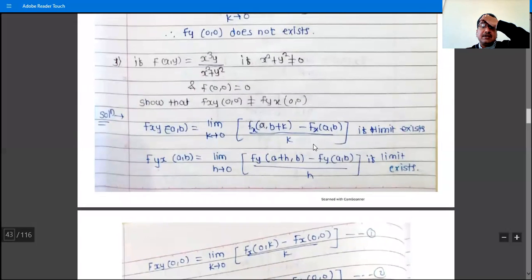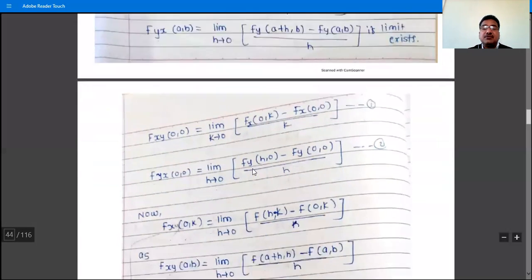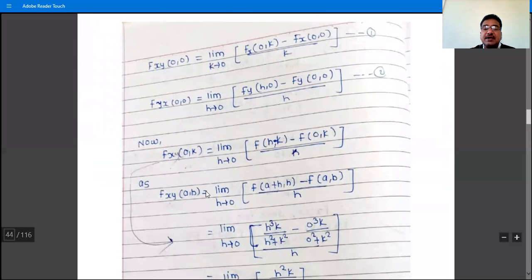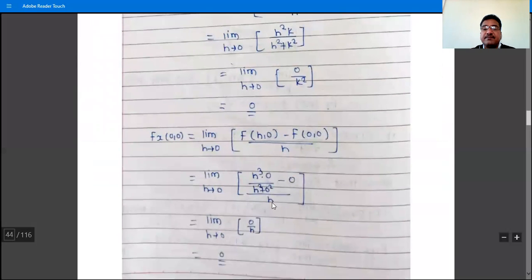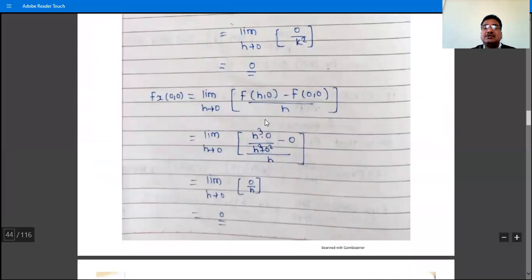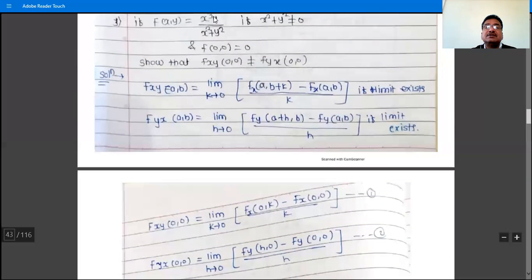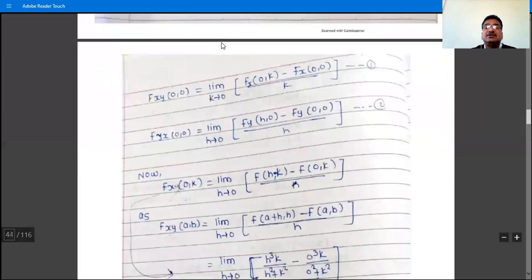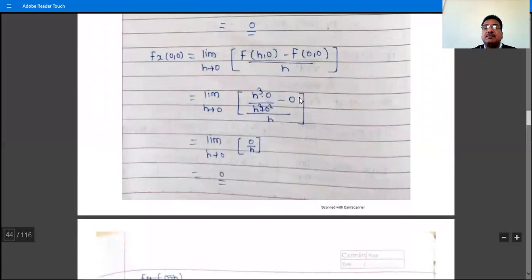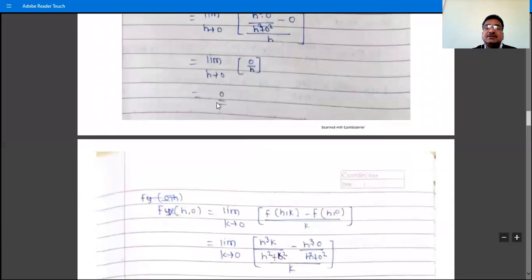Similarly, fx(0,0). Use again the same definition, substitute a and b both as 0. Then the value of f(h,0) is found by substituting x as h and y as 0, minus f(0,0) which is 0. This is actually h cube into 0, which is 0. So 0 by h is 0.